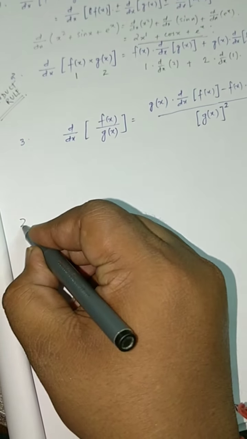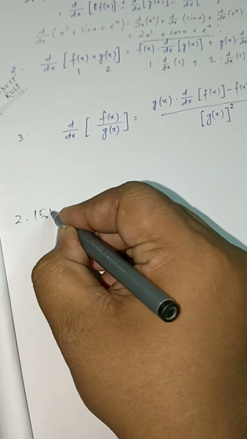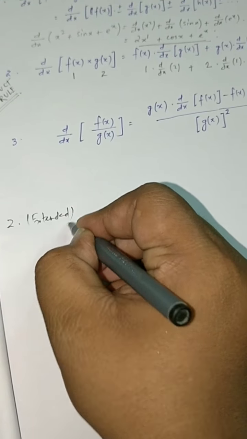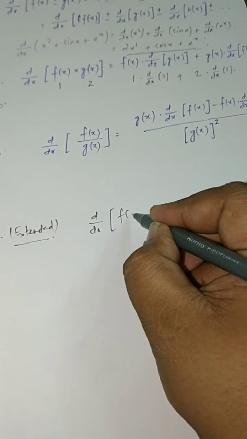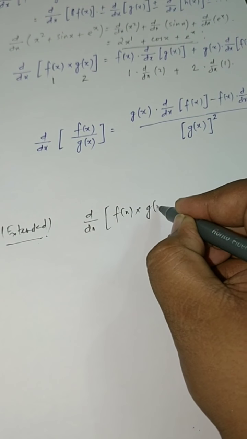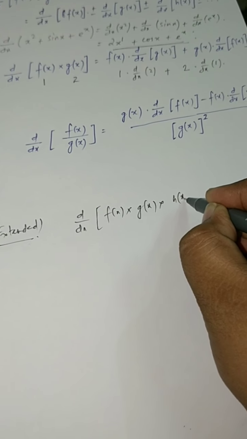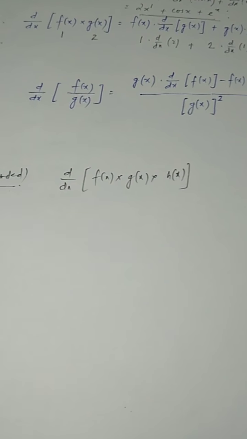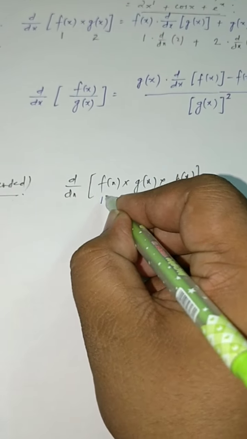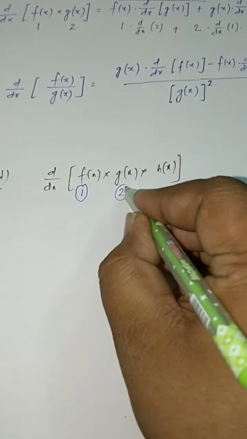Let us say we can write it as an extended version. Suppose we want to find the d/dx of f(x) multiplied by g(x) multiplied by h(x). Three functions have been given to us. I will not write in terms of f(x), g(x) and h(x). Let this be function number 1, this be function number 2 and this be function number 3.